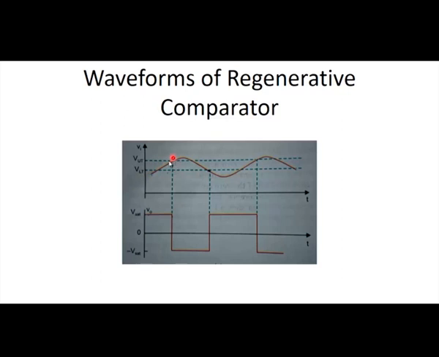So, if you compare the AC signal with VUT one time, for the next time, even though the signal crosses VUT again before VLT, you have to compare the signal with VLT, because once the output is transited, the threshold voltage at the positive terminal transits from VUT to VLT, and again VUT to VLT.